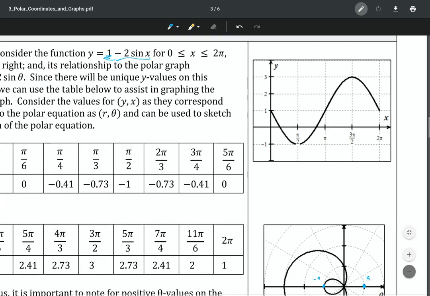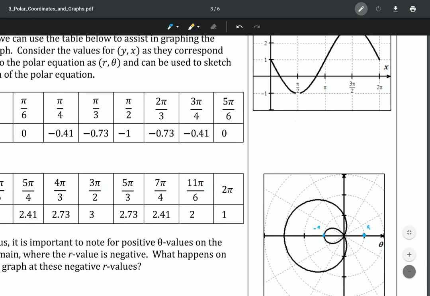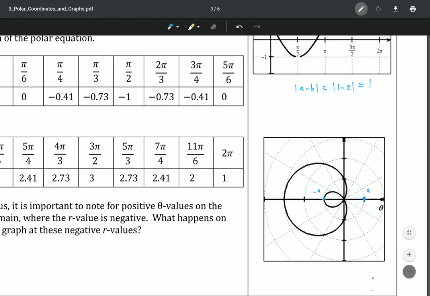So first, I'm going to have the absolute value of A minus B, which in this case is the absolute value of 1 minus 2, which is 1. You got to know that that is going to be down here.